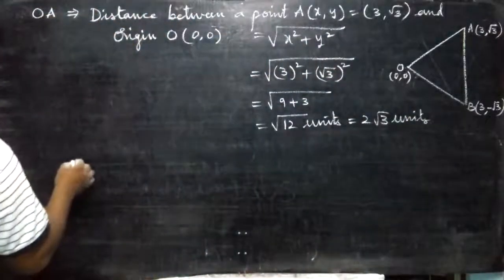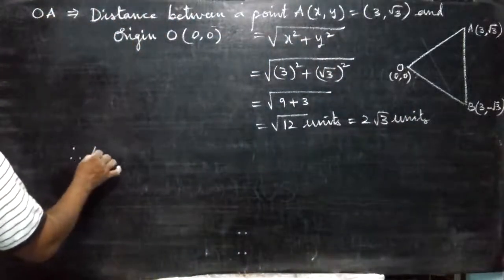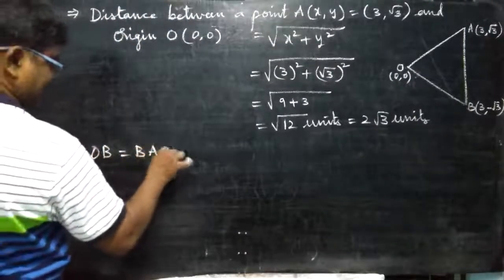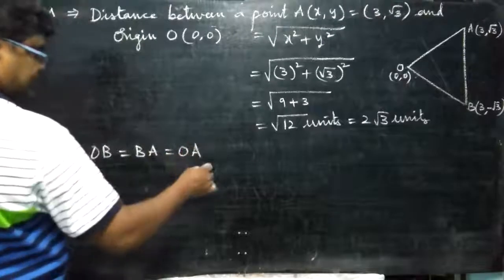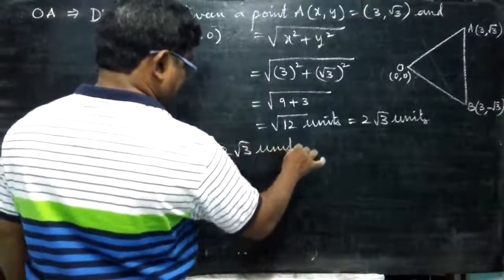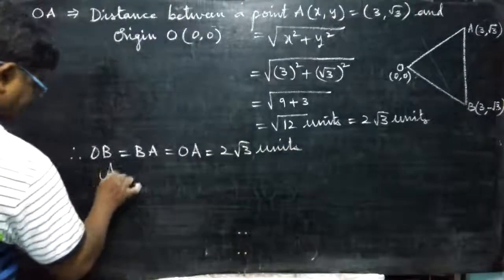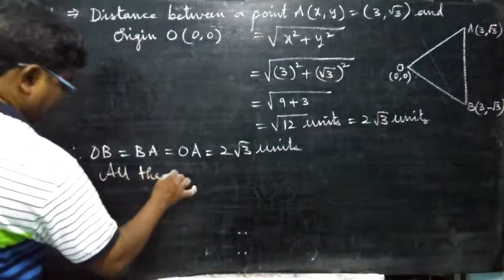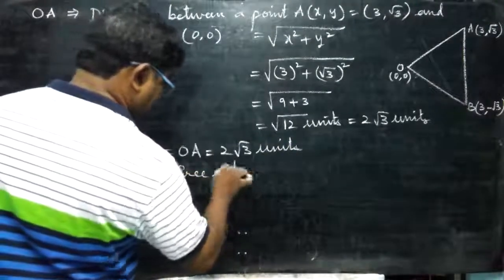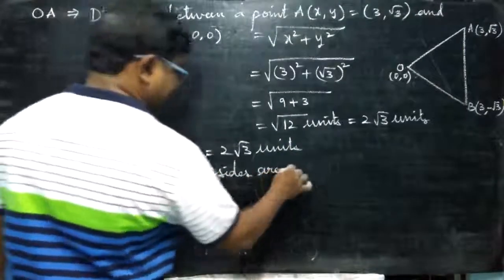Now come to the conclusion. Therefore, OB is equal to BA is equal to OA is equal to 2 root 3 units. All the three sides are equal.